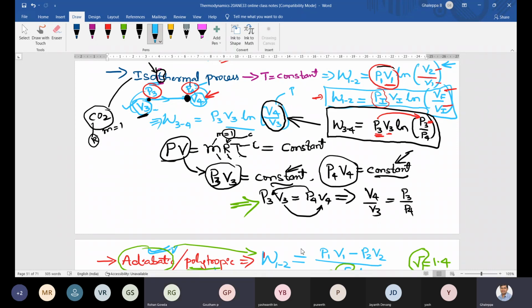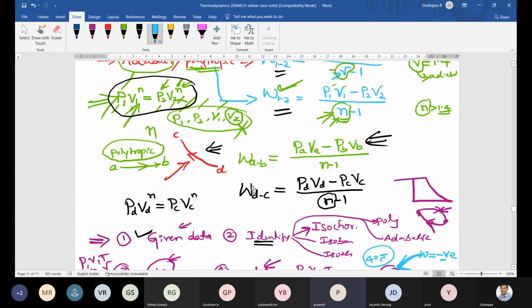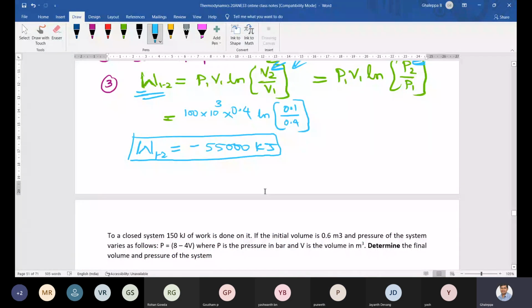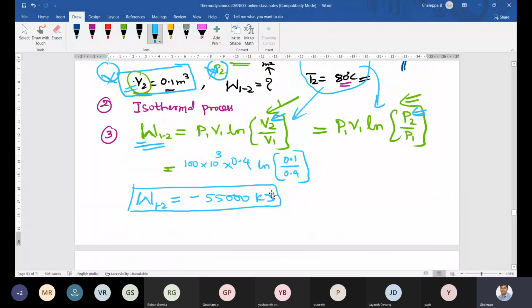PV is equal to MRT. Yes, you have to use this equation, my dear students. Okay, let me write here. So PV is equal to MRT.